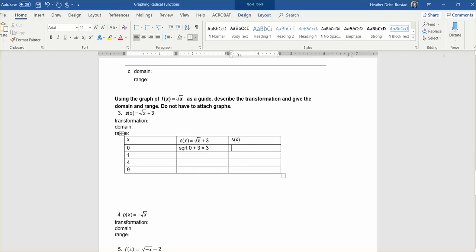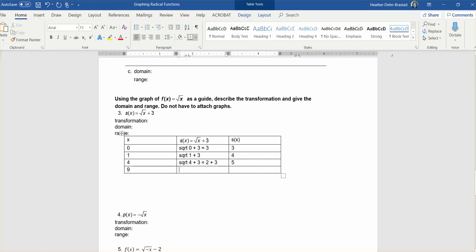So now I have that value. And for the square root of 1 plus 3, that would be 1 plus 3, and 1 plus 3 is 4. And then I have the square root of 4 plus 3. That would be 2 plus 3, so that would give me 5.